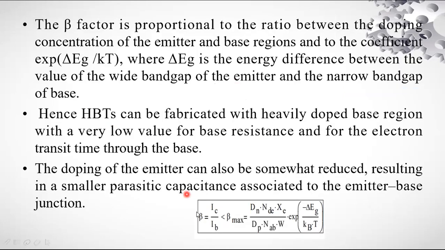Now, we already told how it is constructed. Now, the beta factor is also proportional to the ratio between the doping concentrations of emitter and base region, and it also depends upon the factor e raised to minus delta Eg by kBT, where delta Eg is the energy difference between the value of wide band gap of emitter and narrow band gap of base, and kB is the Boltzmann's constant.